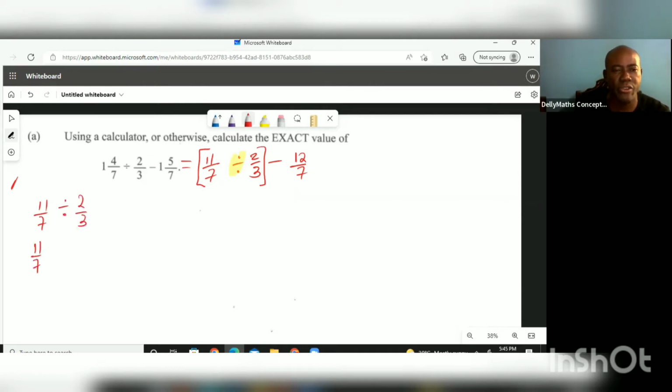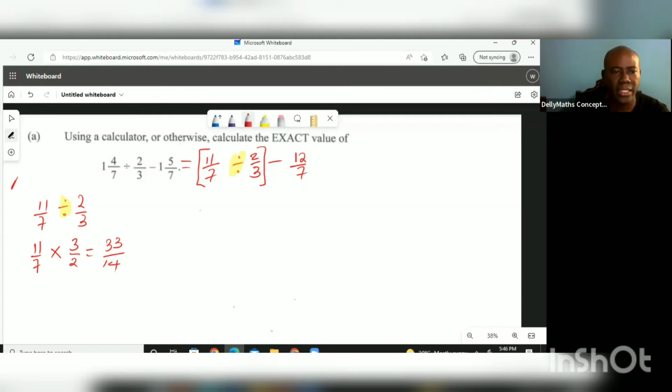Ordinarily, when you are dividing, we can simply change our division sign to multiplication, and then we reciprocate the last fraction. So the 2/3 will become 3/2. Since there's nothing to cancel, we could say 11 times 3, that's 33 over 7 times 2, and that's 14. So there it is, we have that.